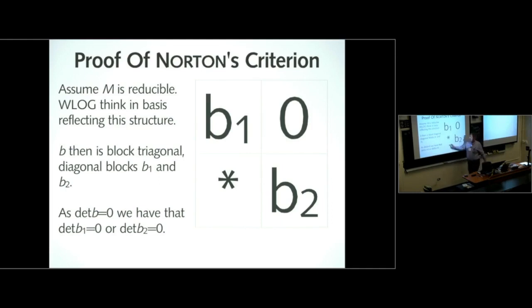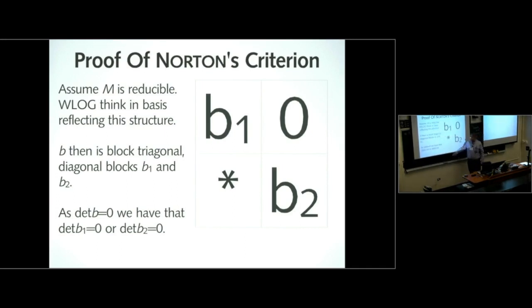So, we get this element also in this block triangular form with a block B1 here and a block B2 here. I said that element was supposed to have a non-trivial kernel, so the determinant of this matrix is 0. What is the determinant of this matrix? It's the determinant of this block times the determinant of this block. So this determinant is 0 or that determinant is 0.